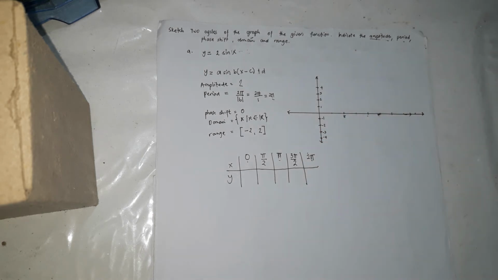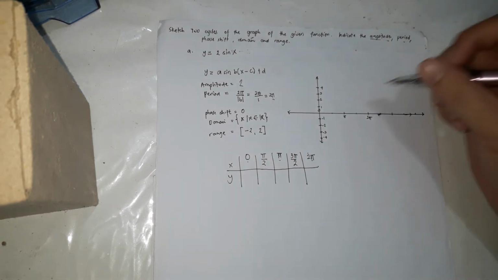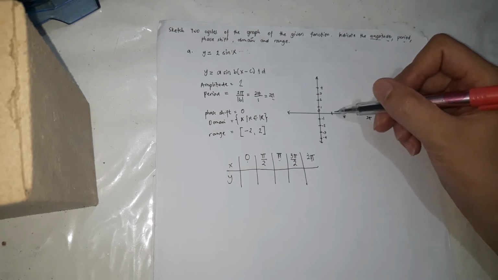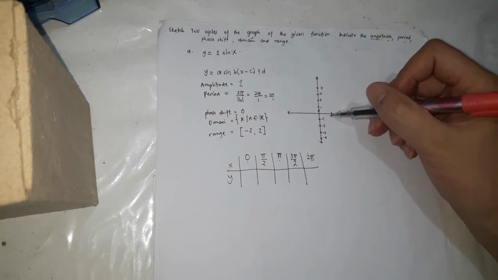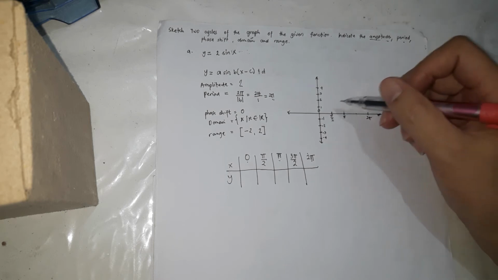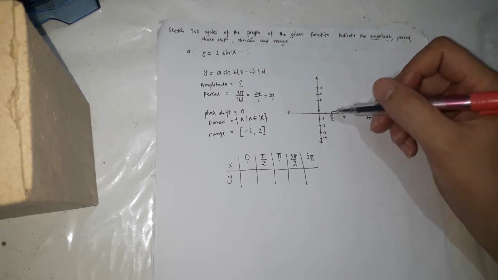To better understand that, this is 0 and this is 2 pi, so in the middle of 0 and 2 pi is pi. Next, in the middle of 0 and pi, it's pi over 2, because pi divided by two is pi over 2. The middle of 0 and pi over 2 is pi over 4, because you divide it by 4, so the first part is pi over 4.